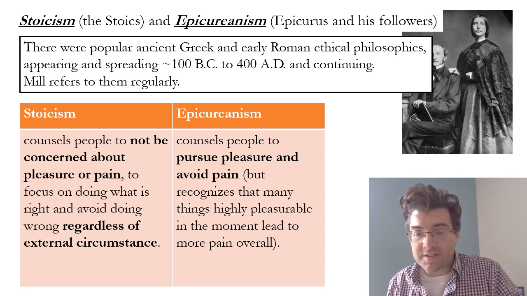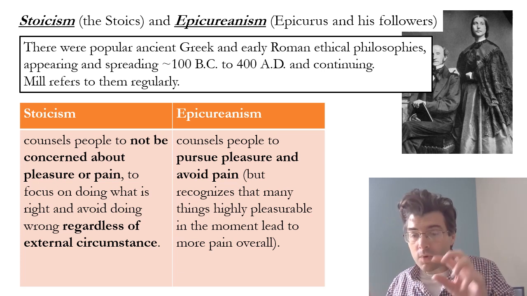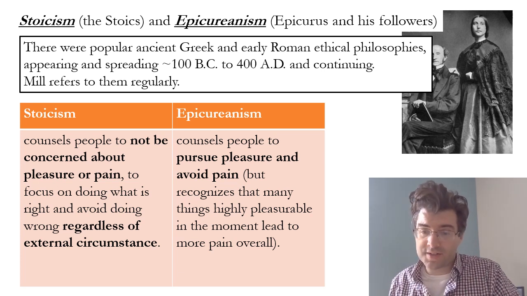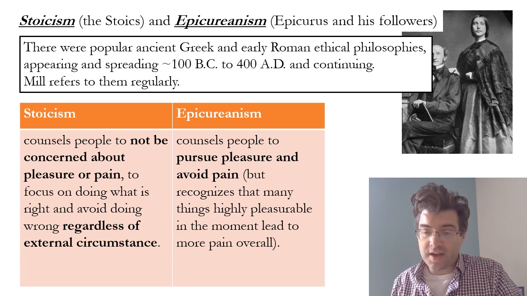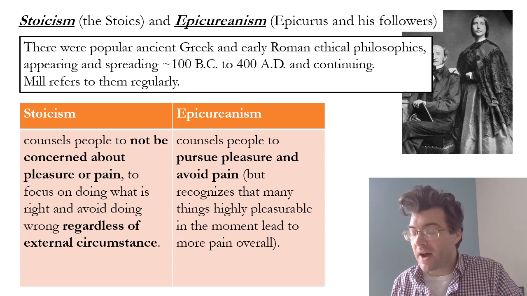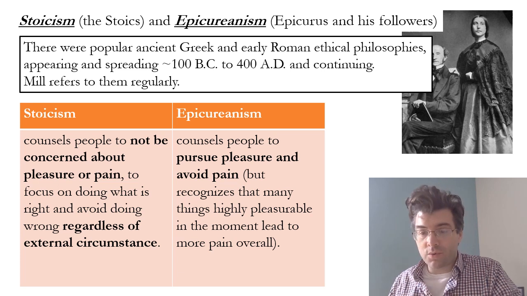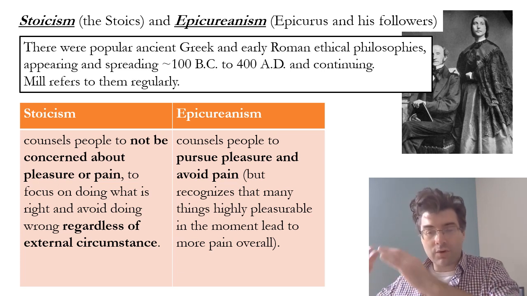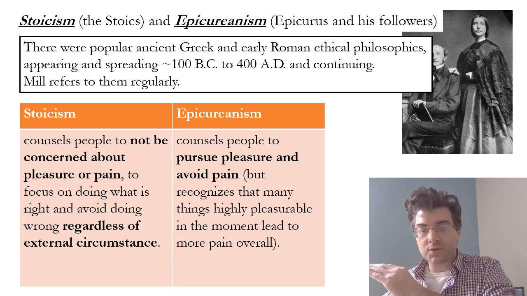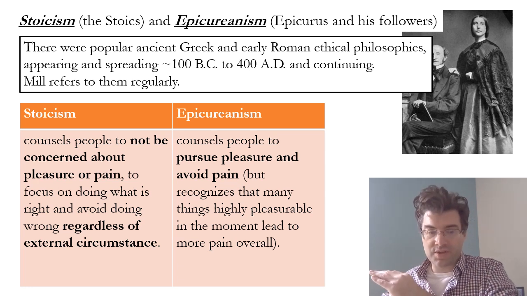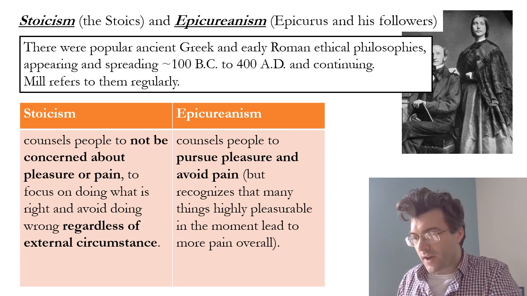So you can think about them as emphasizing the virtue side of Aristotle's ethical philosophy. And when Aristotle talks, for instance, about the person who engages in the right habits and has the right character traits will never fall below a certain level of misery, regardless of external circumstances, that's a very Stoic kind of idea.